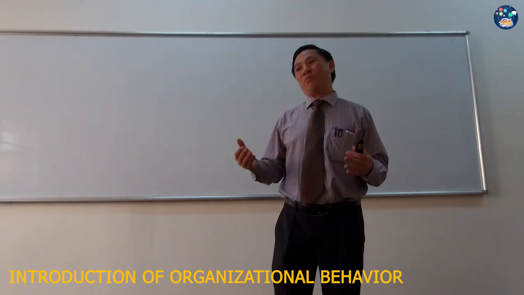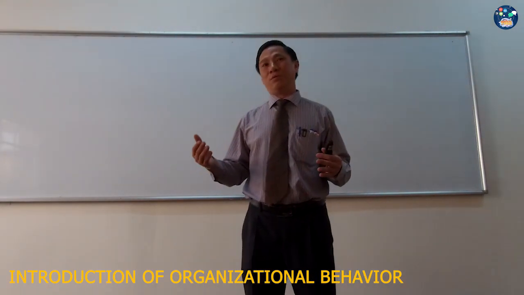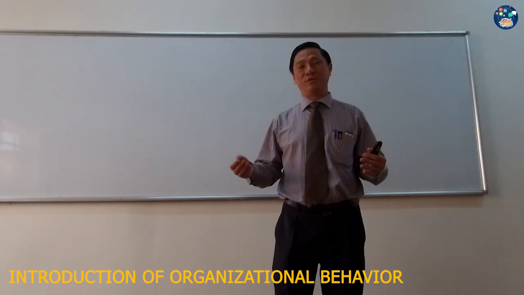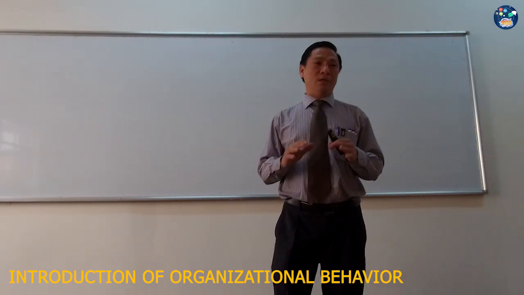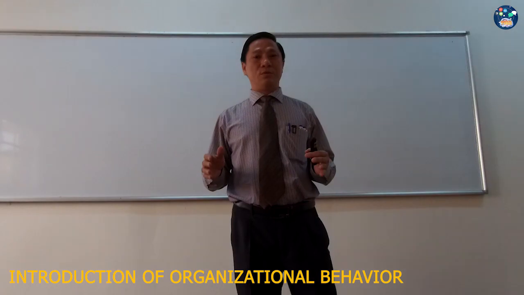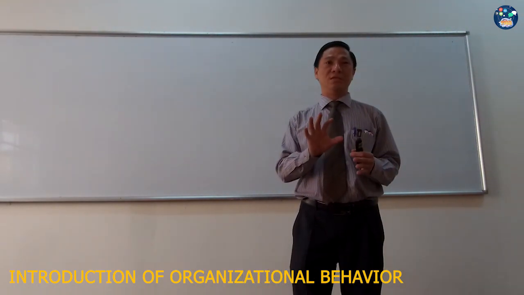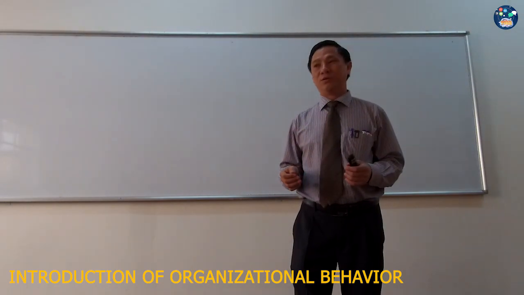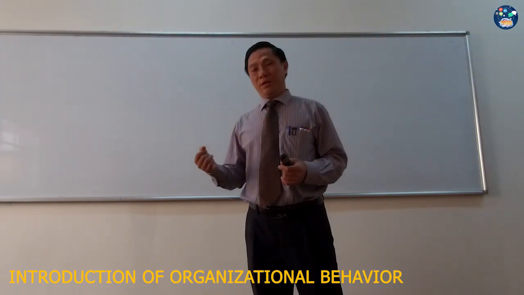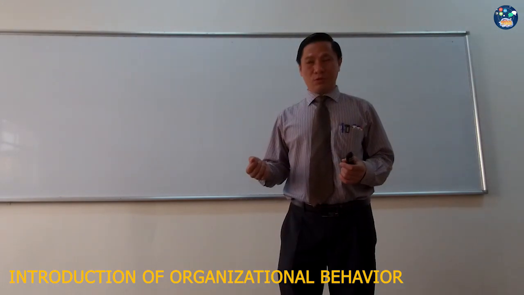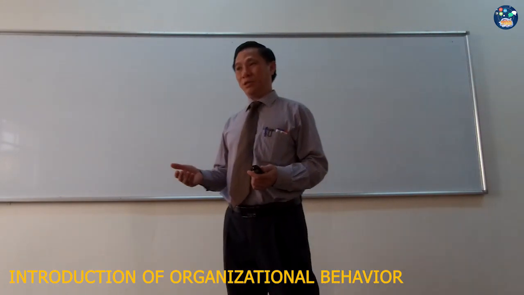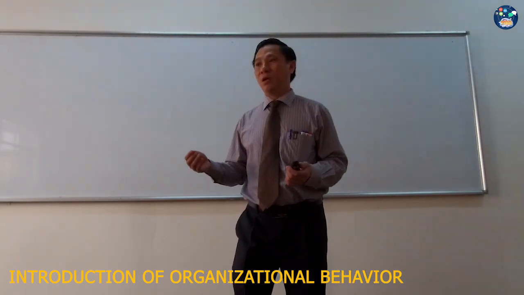Today I will cover chapter 1 and chapter 2. It's about the introduction to the OB course and about diversity in organizations. And then the next topic is about attitudes and job satisfaction.